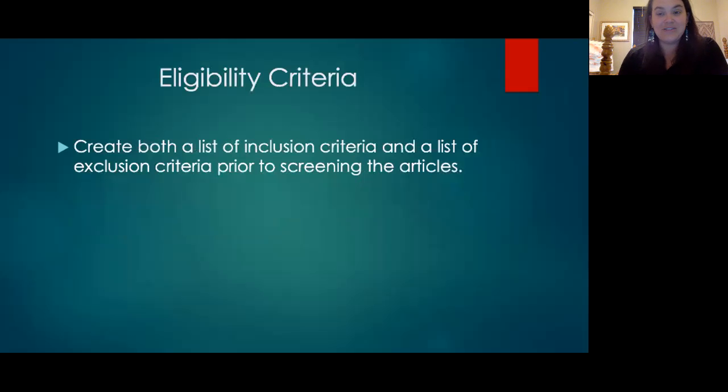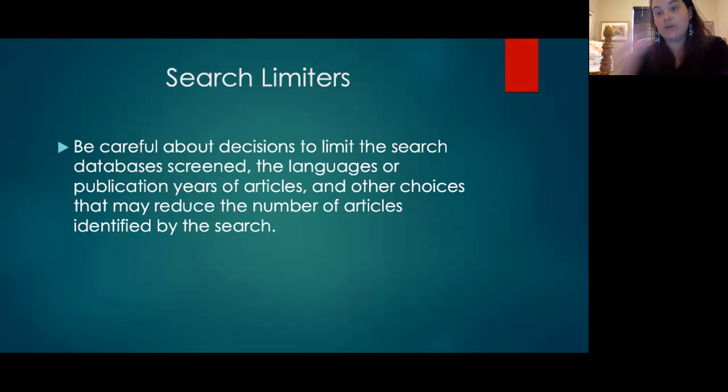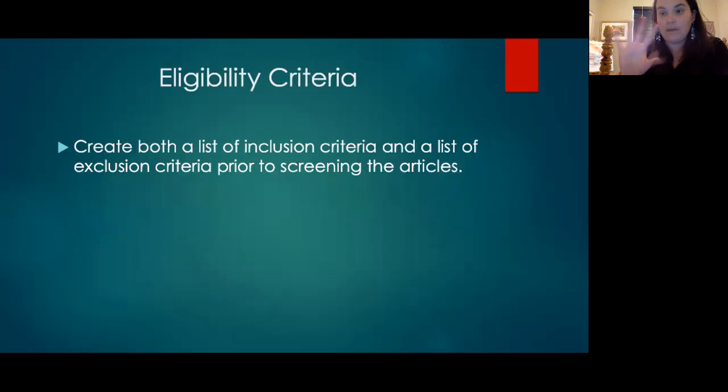Another way to limit your search is your eligibility criteria, and you have to create both a list of inclusion and a list of exclusion criteria before you start looking at the articles. So that also includes some of those search limiters. Sometimes they might be similar.